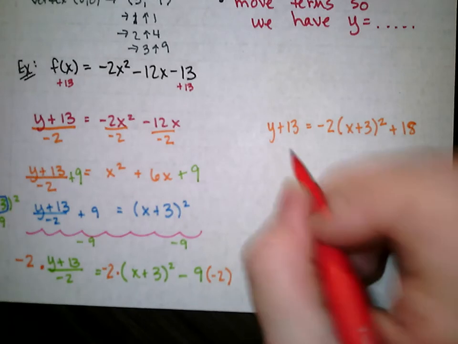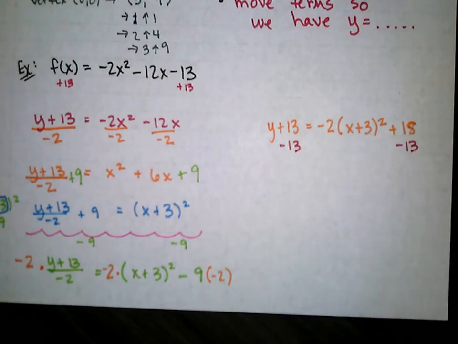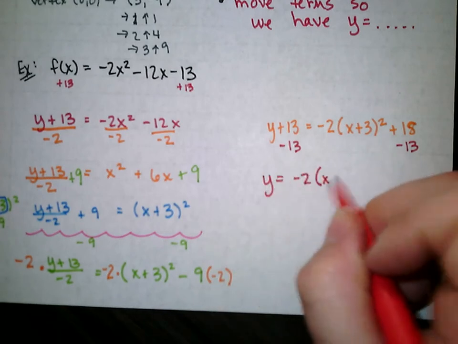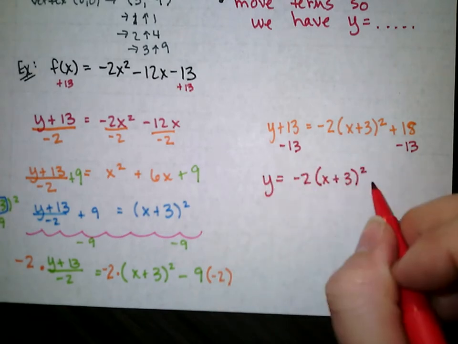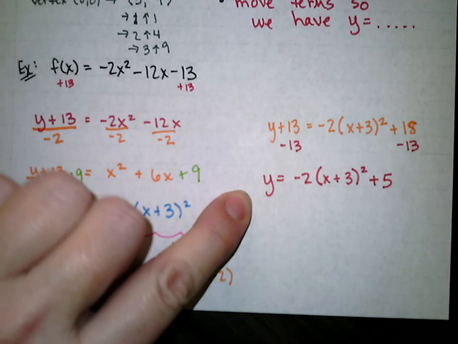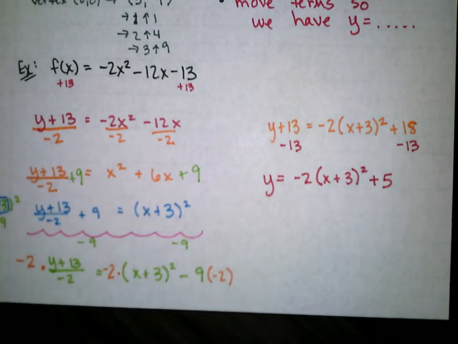So the next thing I need to do is subtract the 13. And I end up with y equals -2 times x plus 3 squared plus 5. And now I have my parabola in vertex form, so I can graph using transformations.